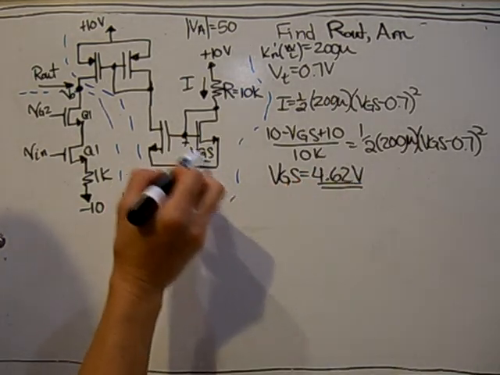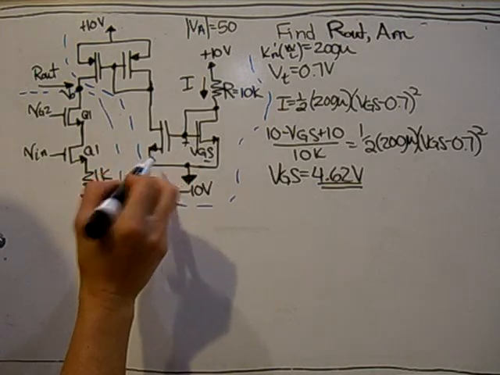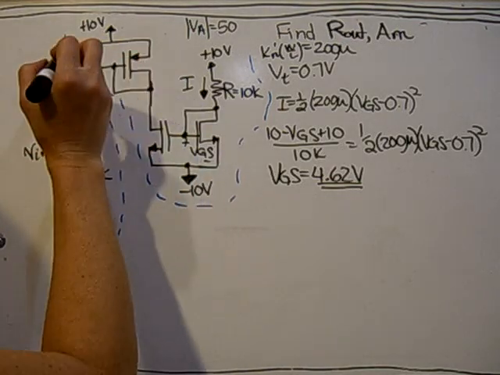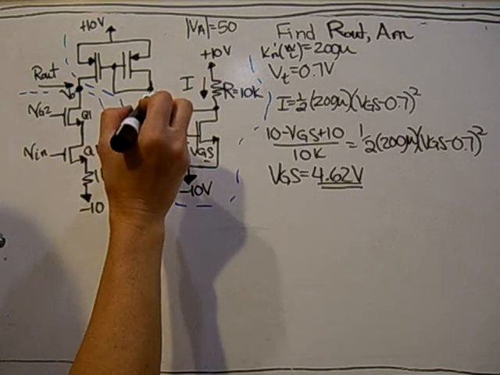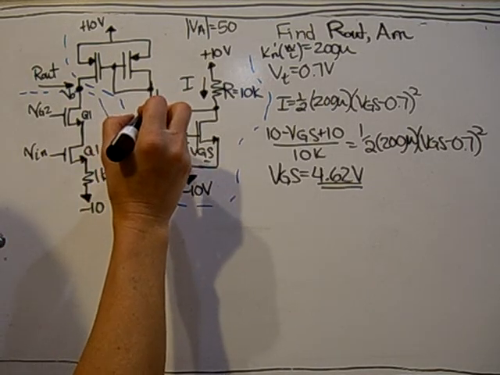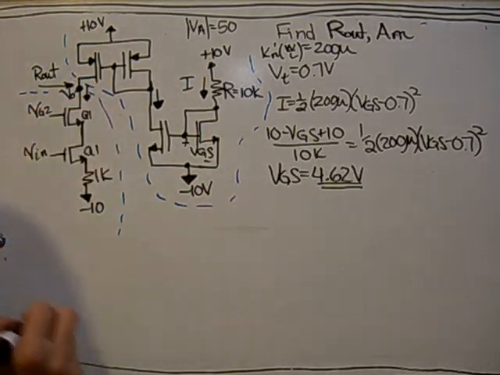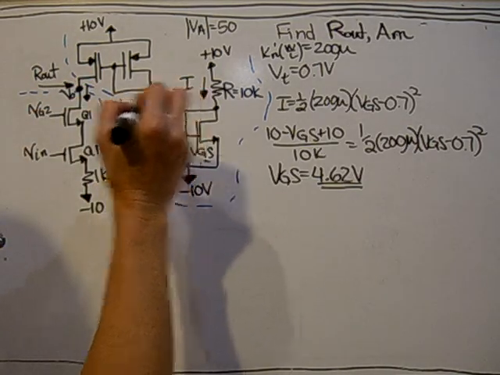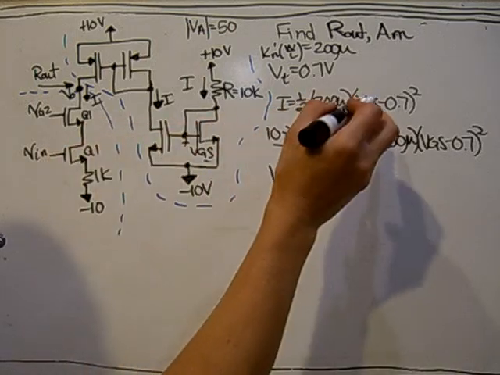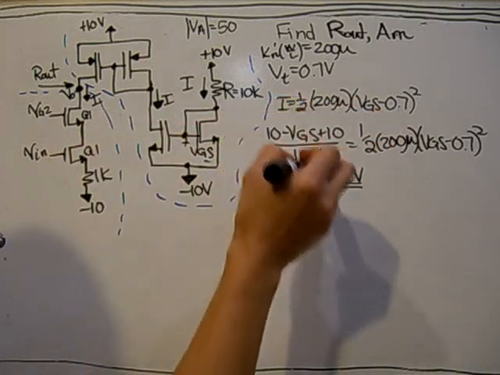So that's the drop across this transistor and this transistor and this one, so that the current I is the same, that is mirrored for each one. So these are all I, which is a value that we need to figure out.